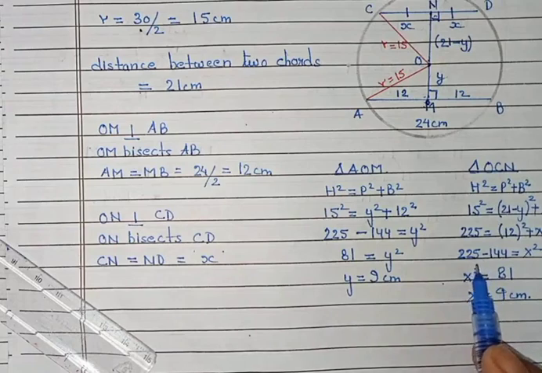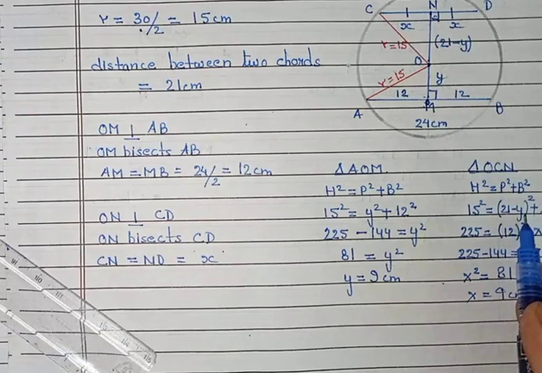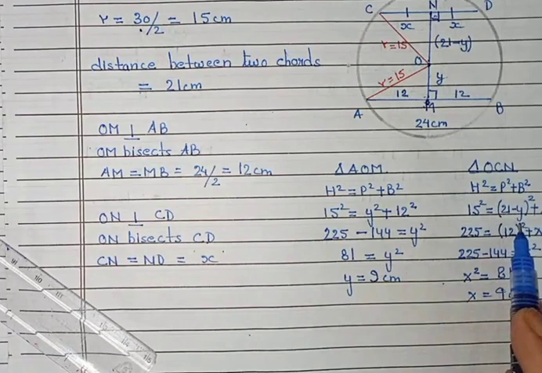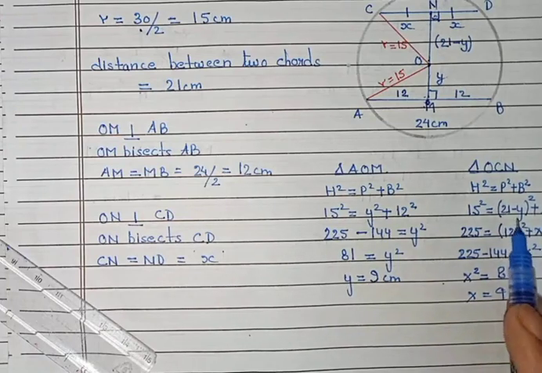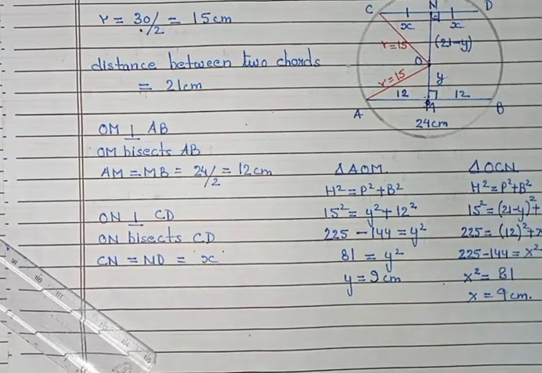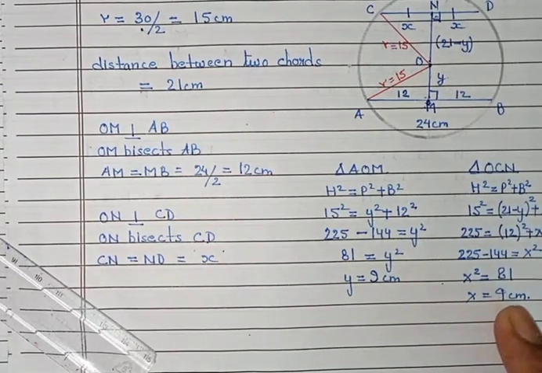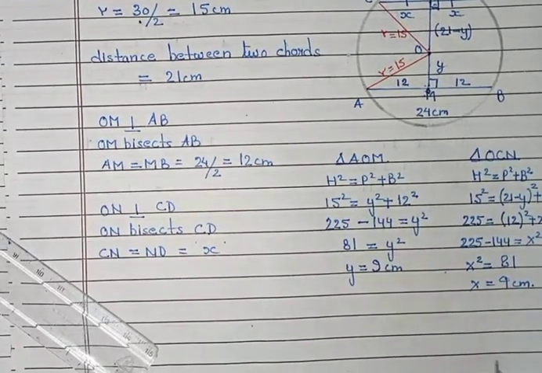So we have got from 225, this was 21 minus y. So y is 9. So you are going to subtract 9 from here. So from 21, if you subtract 9, you are getting 12. X is equal to 9. Okay. So you have got x is equal to 9.